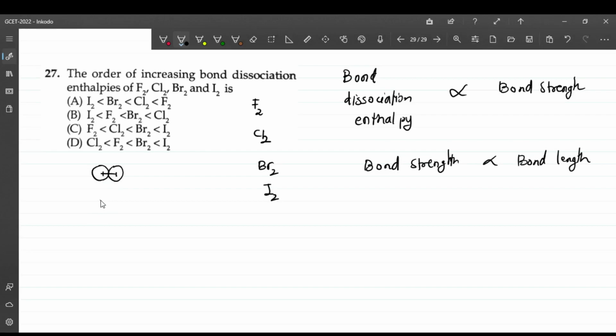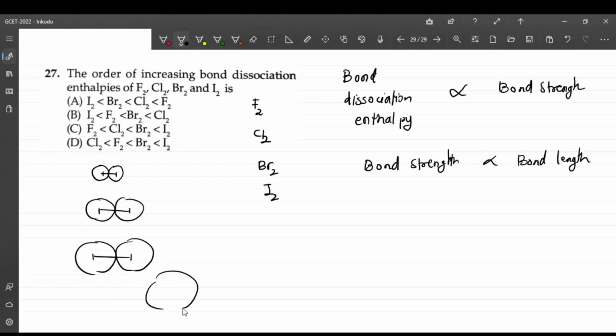Then chlorine, I will write this is a chlorine and this is a chlorine atom. As we go down the group, the size of the atom increases. So this is the bond length. Then bromine will be this way, drawn bigger, so this will be a bigger bond length. And iodine, I will draw still bigger, right? This is the iodine.